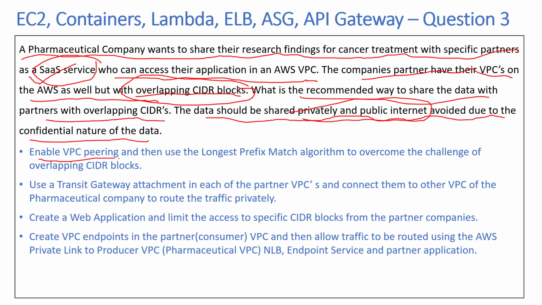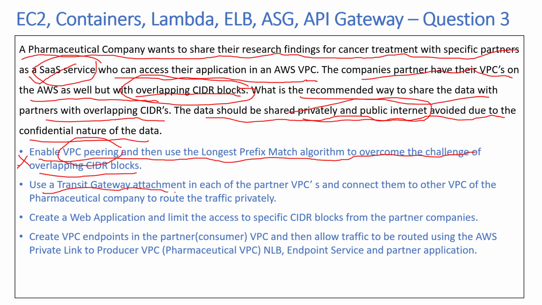So enabling VPC peering, then use the longest prefix match algorithm to overcome the challenge of overlapping CIDR blocks. Okay, now if you have enabled VPC peering, you have overlapping CIDR blocks, that's not really a recommended way. Yeah, so this probably is not the right solution. Now let's look at the second one.